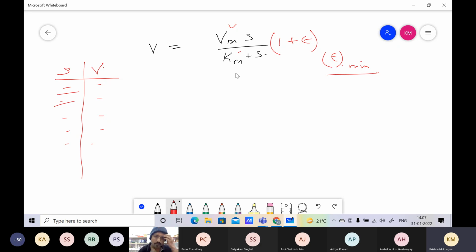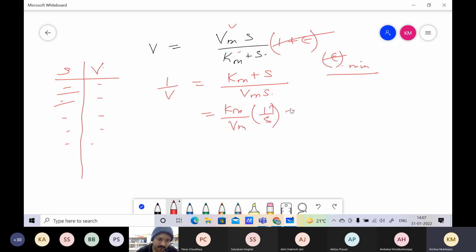Right now, we will do a rather simplistic job, which is that we take the inverse of this function, which is 1 upon V is equal to (Km plus S) upon (Vmax S). We will forget all these things for the time being and do the simple things first, and later point out why these are not adequate enough. This translates to Km upon Vmax into 1 by S plus 1 by Vmax.